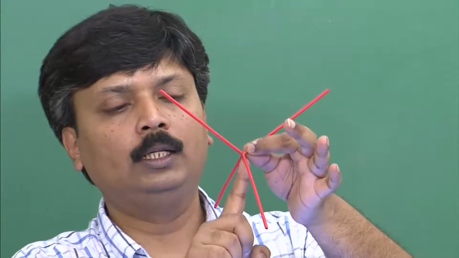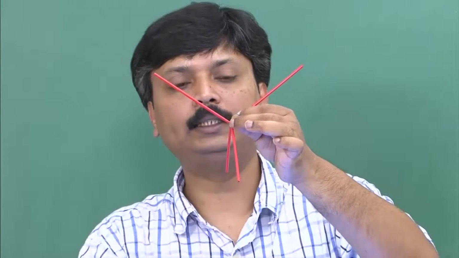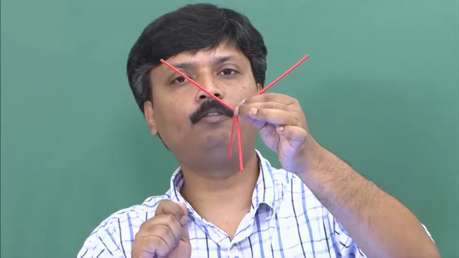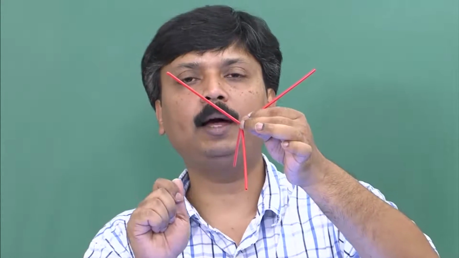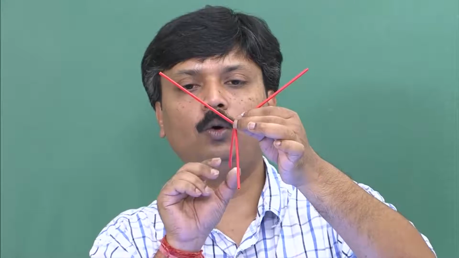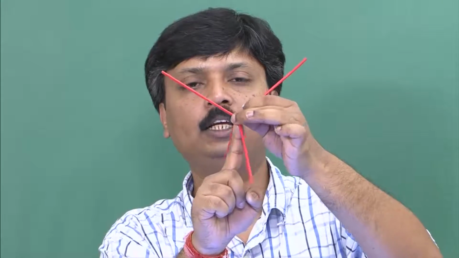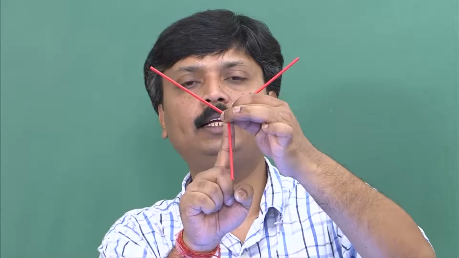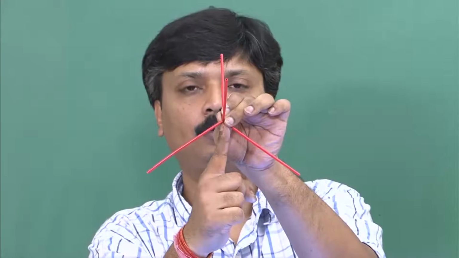So, I take an axis through the same C2 axis here. Now, instead of giving a C2 rotation, I give a rotation by 90 degrees. So, what I do is about this axis I give a 90 degree rotation. So, if I give a 90 degree rotation, this will go toward you, right, all right.